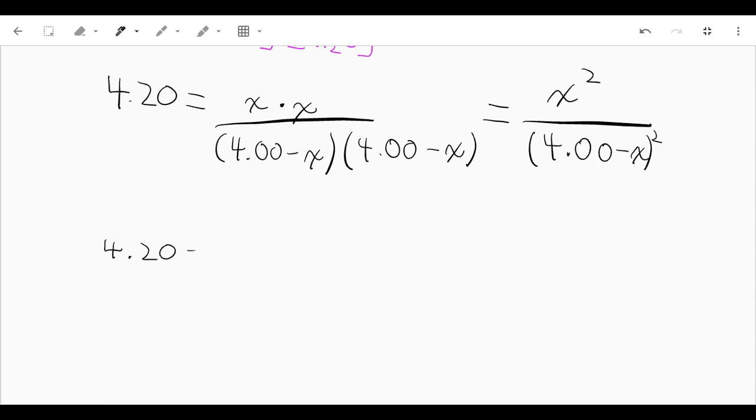We know that 4.20 is equal to x squared over 4 minus x squared. I can just take the square root of both sides.